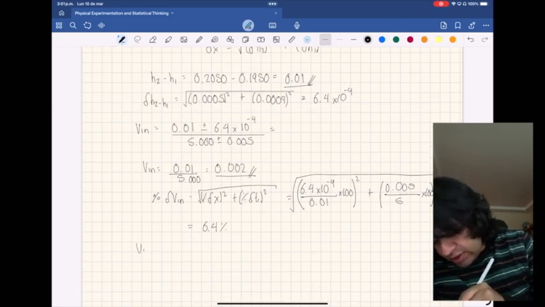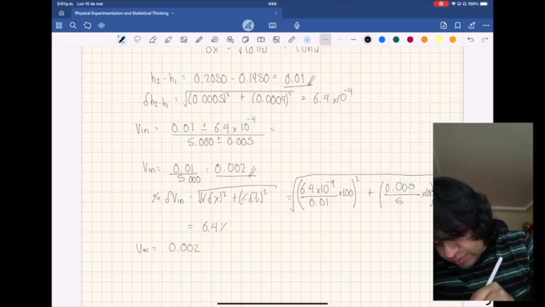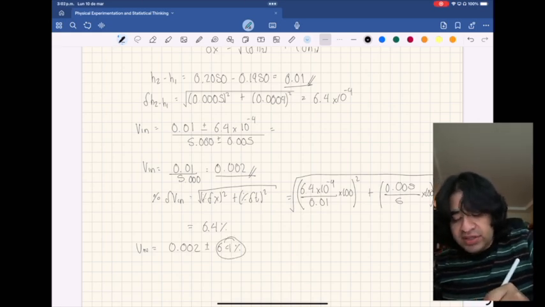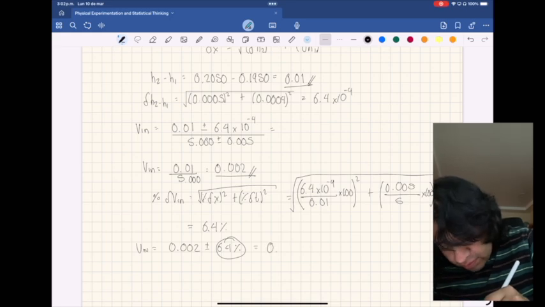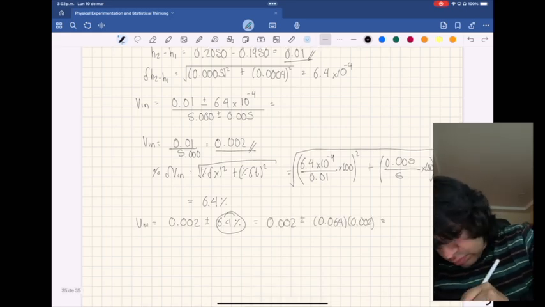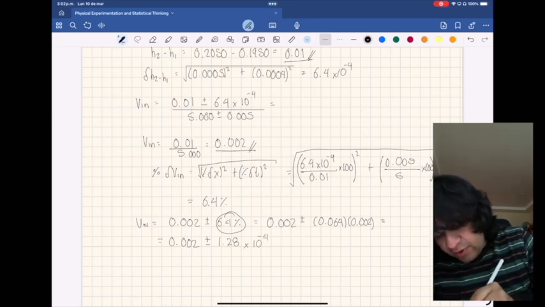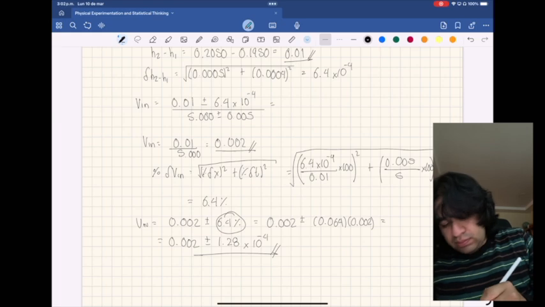And now the inlet velocity is 0.002 plus minus 6.4%. Stating this value with an absolute uncertainty, we obtain 0.002 plus minus 1.28 times 10 to the power of minus 4.